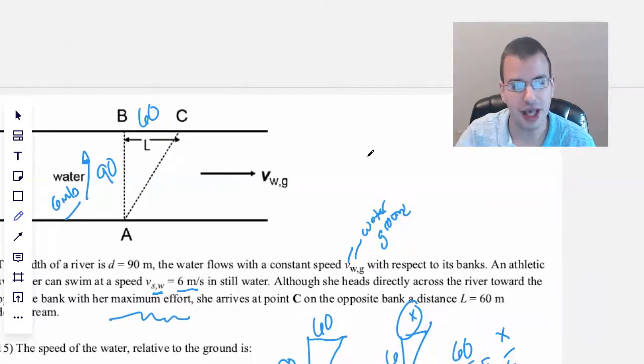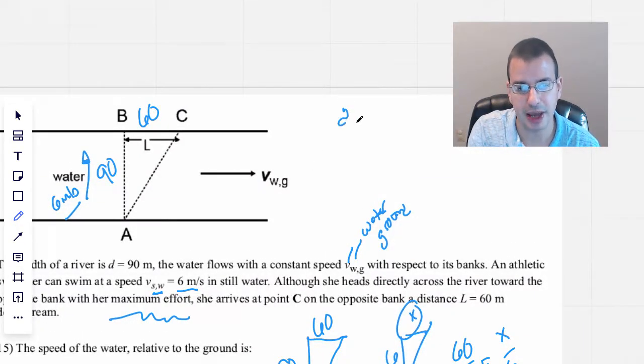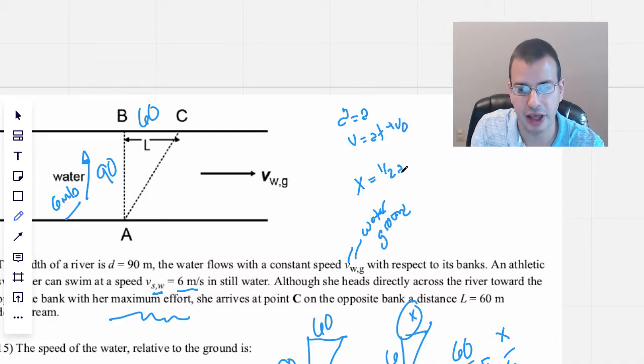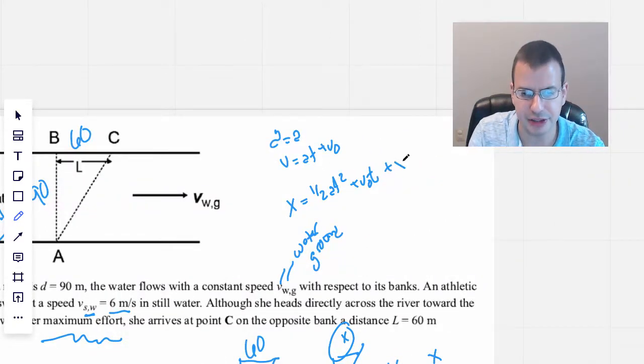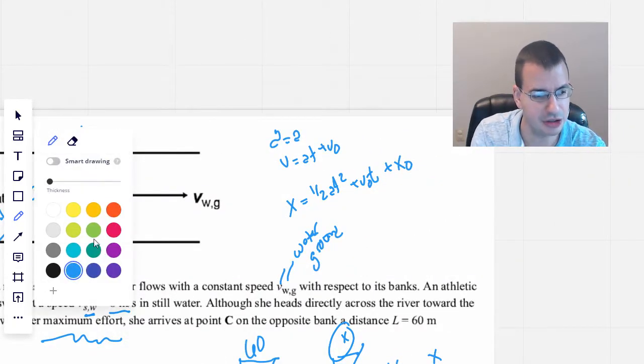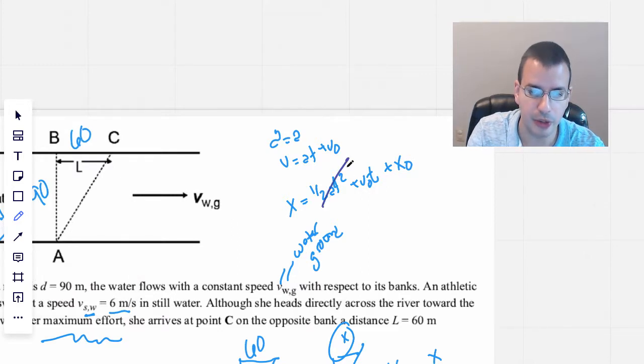The reason that works is because when we have our kinematic equations, we have a equals a, v equals at plus v naught, x equals 1/2 at squared plus v naught t plus x naught. In this case, we have 0 acceleration, so that goes away.